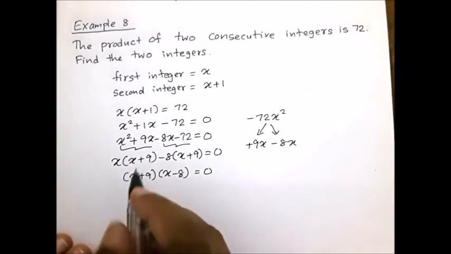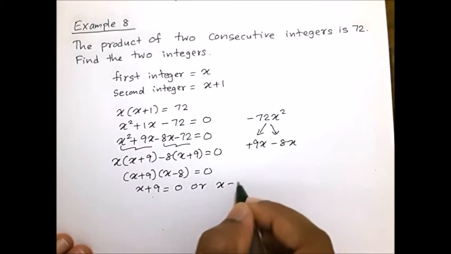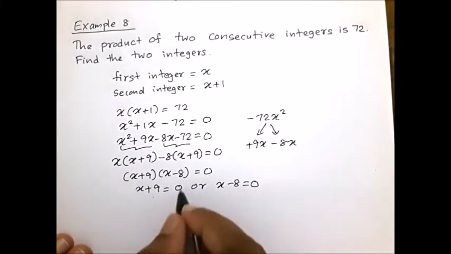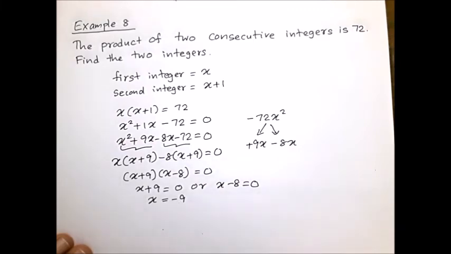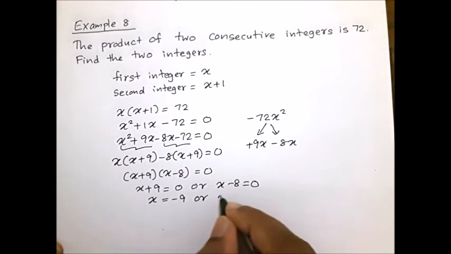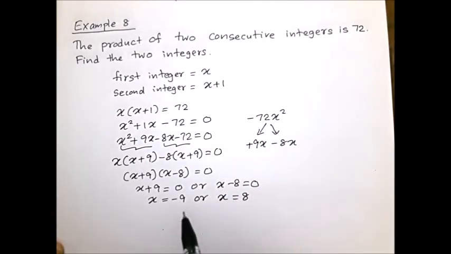Then you can write x plus 9 equals 0 or x minus 8 equals 0. Take plus 9 to the other side, it is minus 9. Or x equals, take minus 8 here, it is plus 8. These are the values you get as the solution of this quadratic equation.